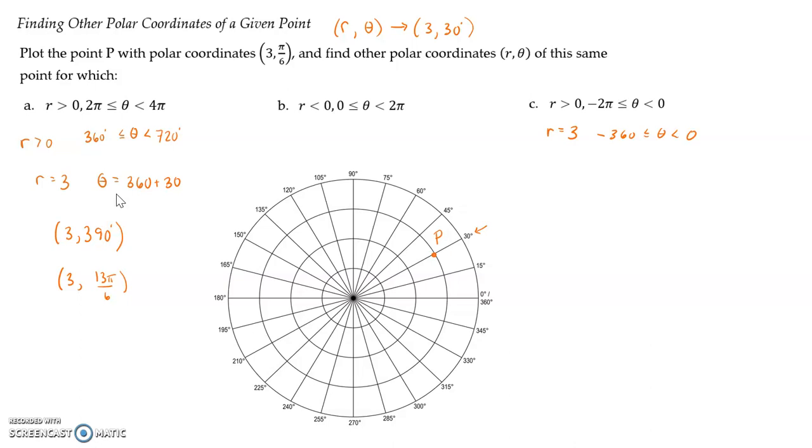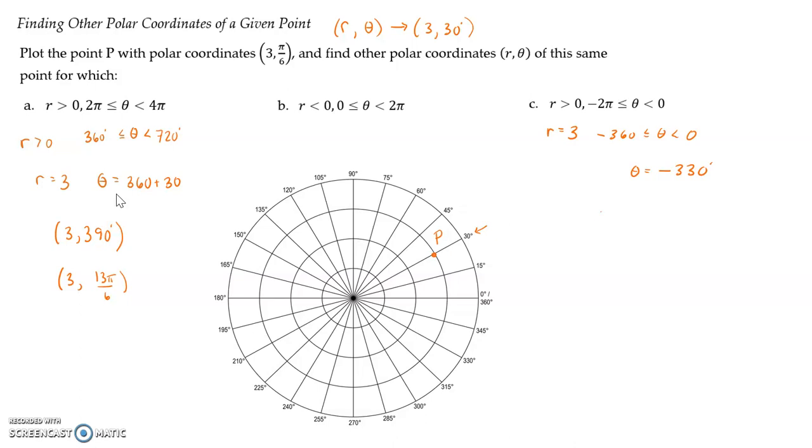So if you take a look at our point P that we had plotted, this time if we were coming downward first, we would have to go a total of negative 330 degrees so that we end up on this same radial line.